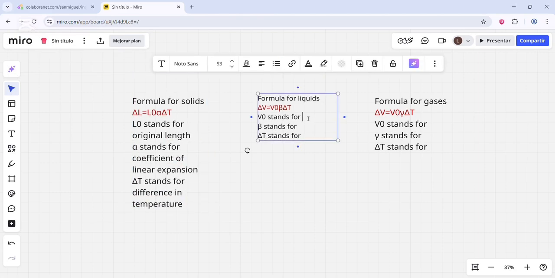Now with liquids, V0 stands for the original volume. Beta stands for the coefficient of volume expansion. And change in temperature stands for the difference in temperature.